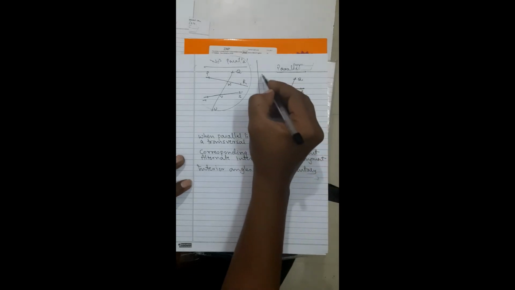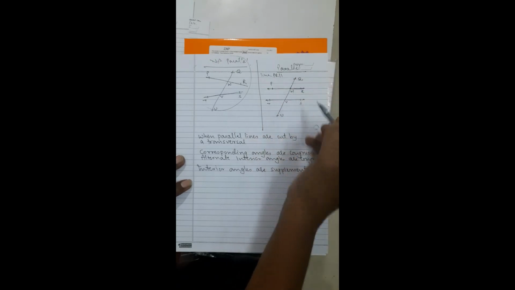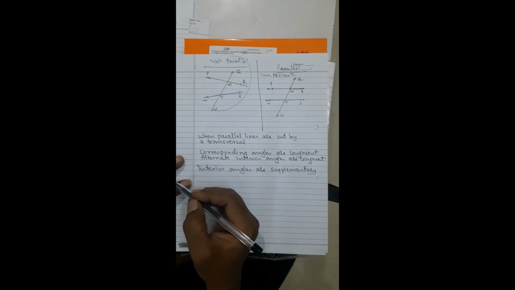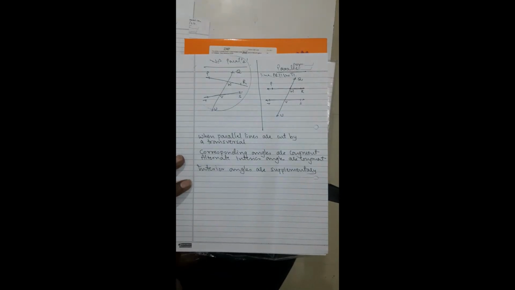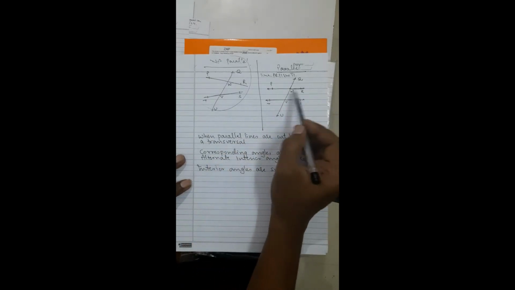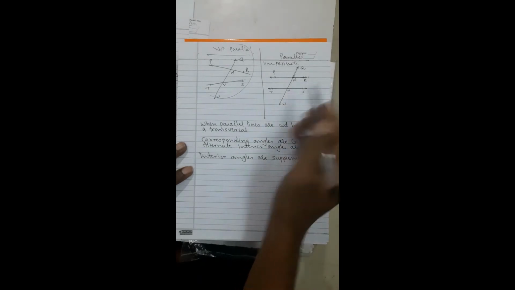Now they have given a line in the question. It should be given that line PR is parallel to line TS. This should be given in the question, or you will have to prove it by one or another method, using some property, and prove these two lines are parallel. Only when you have got that PR is parallel to TS, now you can tell angle QWR.